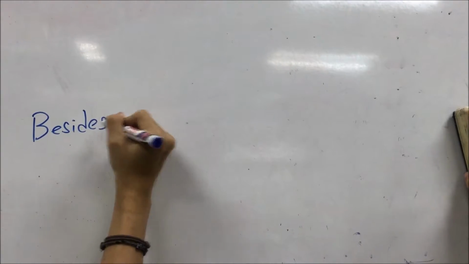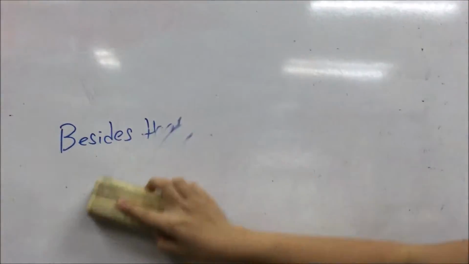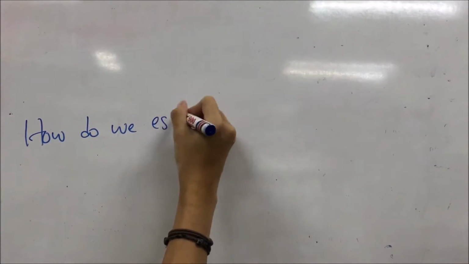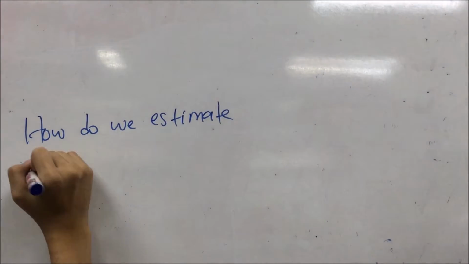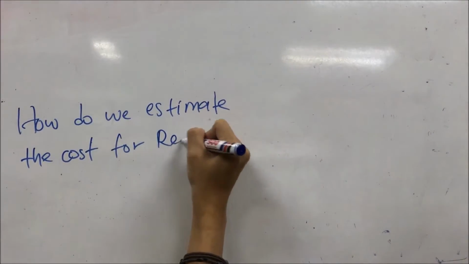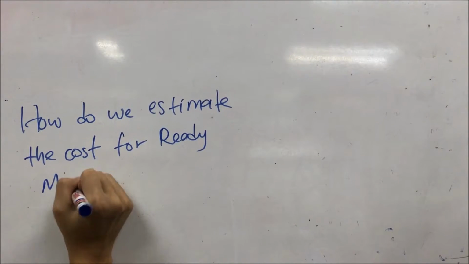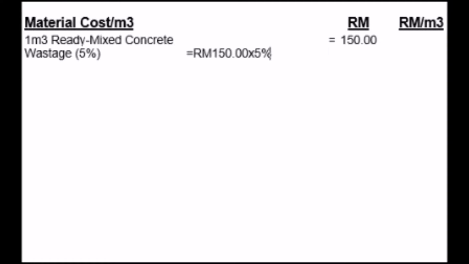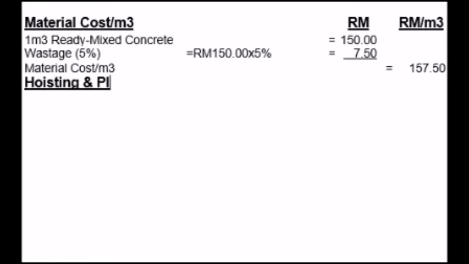Besides that, how do we estimate the cost for ready-mix concrete? So for the material cost, we require the ready-mix concrete, which is 1 meter cube, 5% wastage, then we have the total material cost.